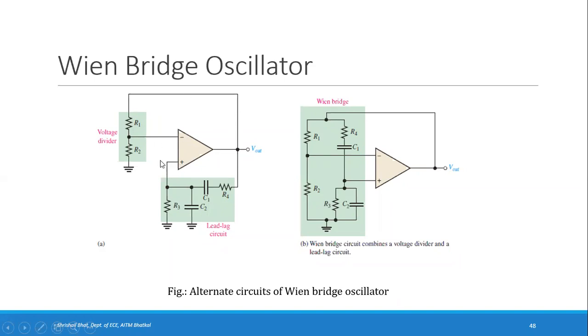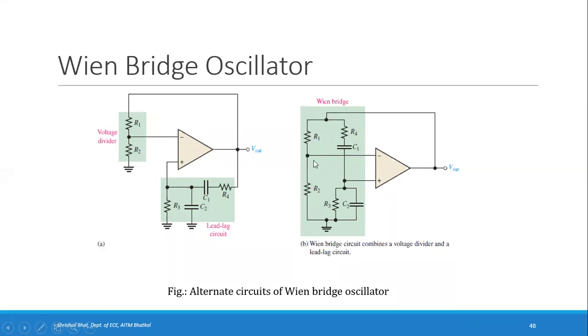R1 is in place of the RF, that is the feedback path. This acts as a voltage divider, and this is a lead-lag circuit that causes that 0-degree phase shift. It can also be drawn like this, where this circuit and this part are combined. Anyway, the operation of all of these circuits will be the same.